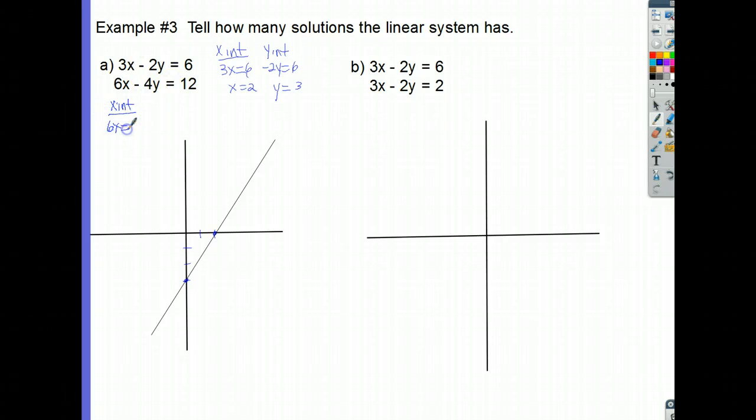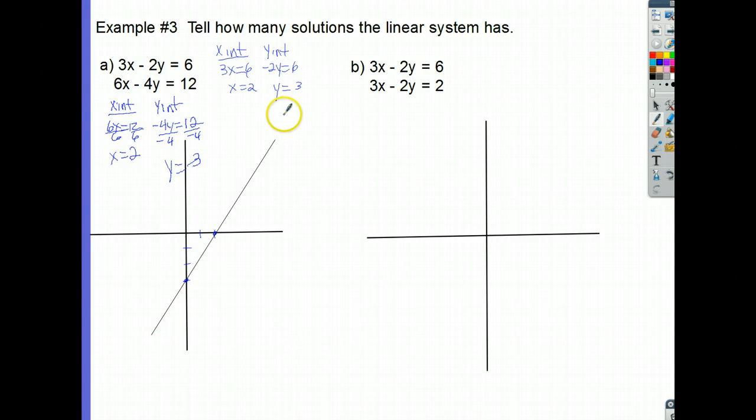So 6x is equal to 12, and divide by 6, and x is equal to 2. And then the y-intercept, negative 4y equals 12. Divide by negative 4. And y equals negative 3. So that's the exact same line. It crosses here and here. I draw the line through that.